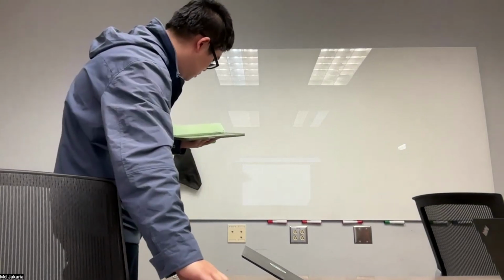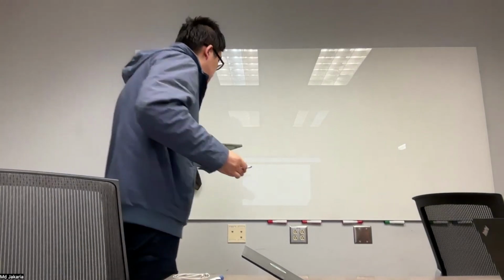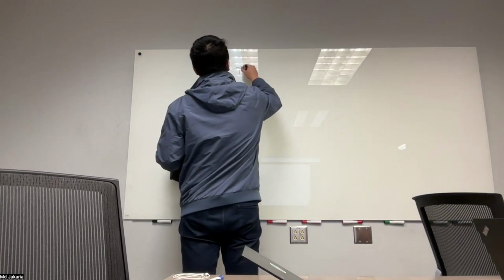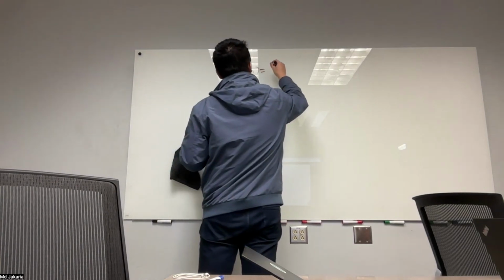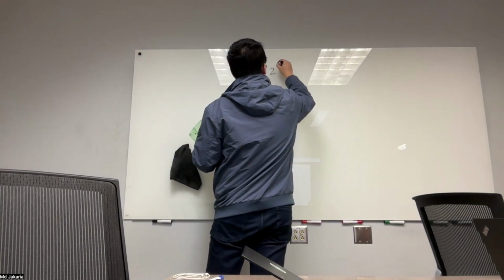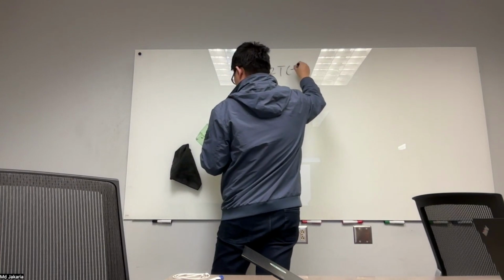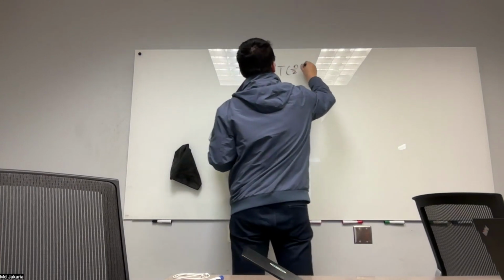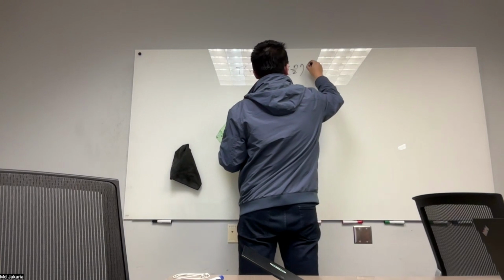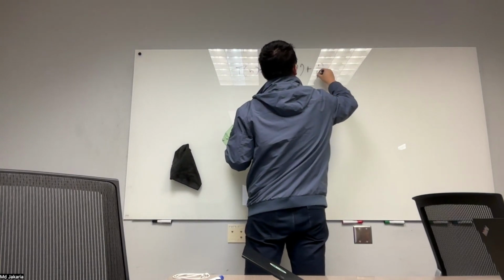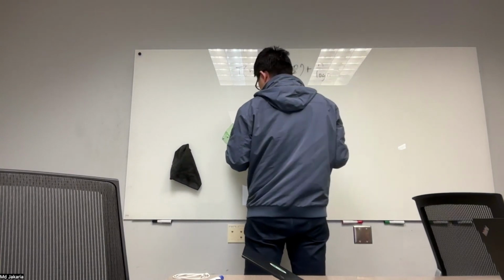Part B, where we have T of n equals 2 T of n divided by 2. So far so good. And then the next term is somewhat weird looking, n over log n. Okay.